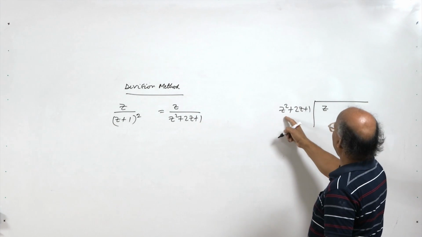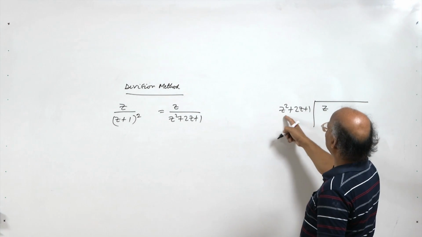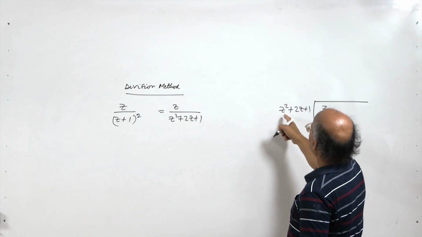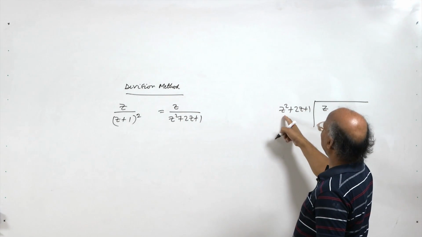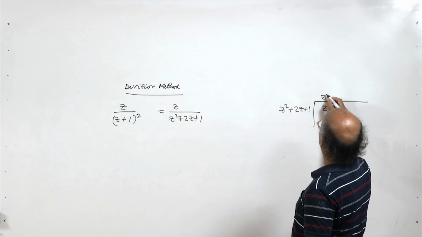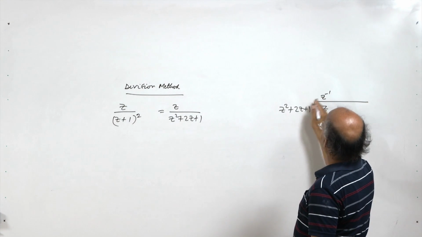So, we multiply this by z to the power minus 1, and we get z here, so that z will cancel with this z here.